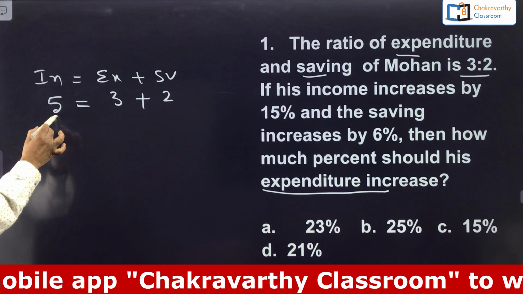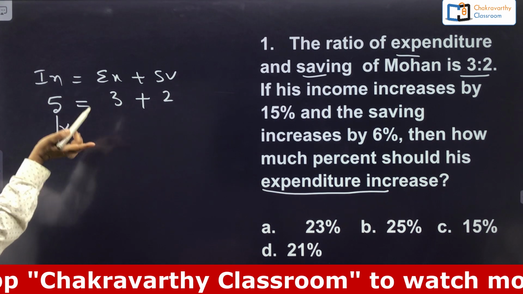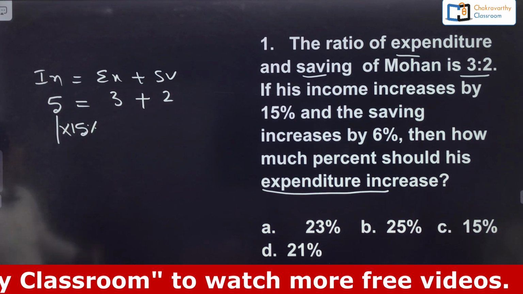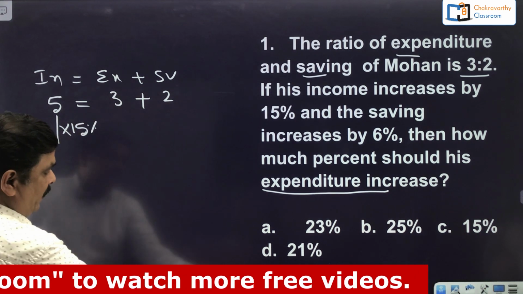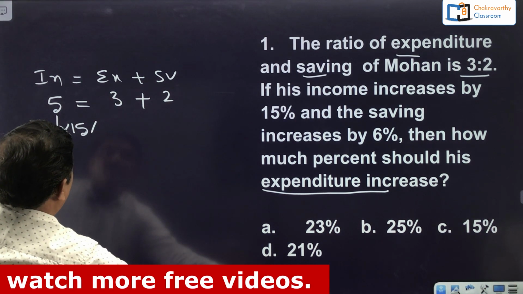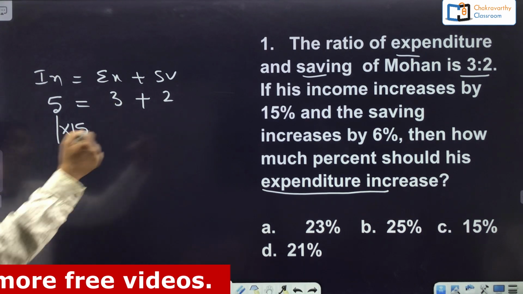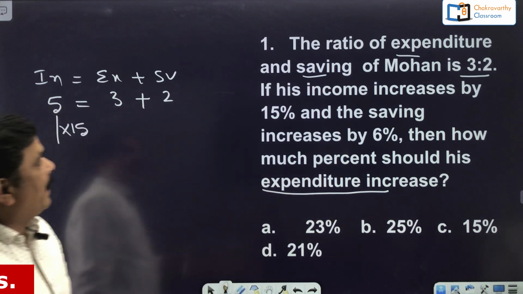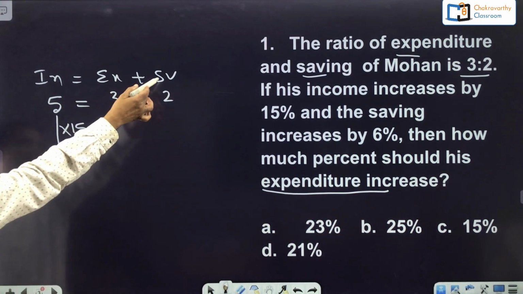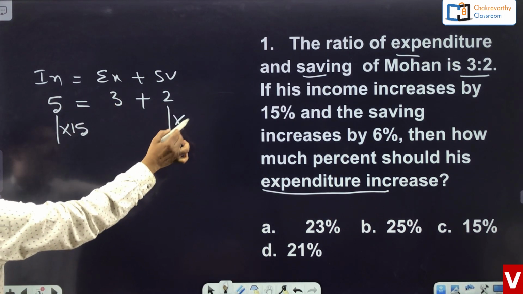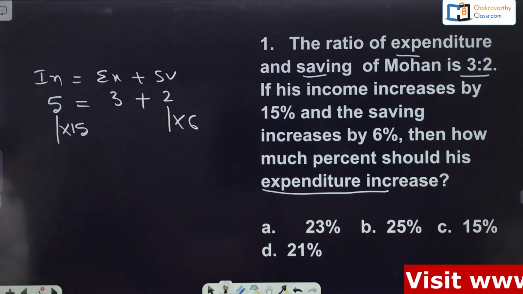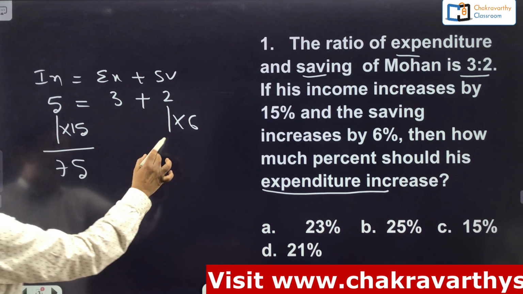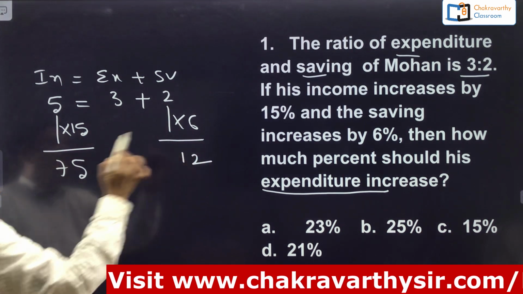So this is income, right? 15% increased, you multiply by 15. Then savings increased by 6%. Now this is savings, increased by 6, you multiply by 6. What is the net result here? 15 times 5, this is 75. Okay, so 6 times 2, this is 12.